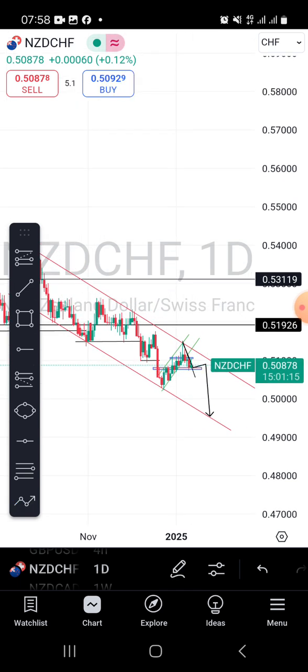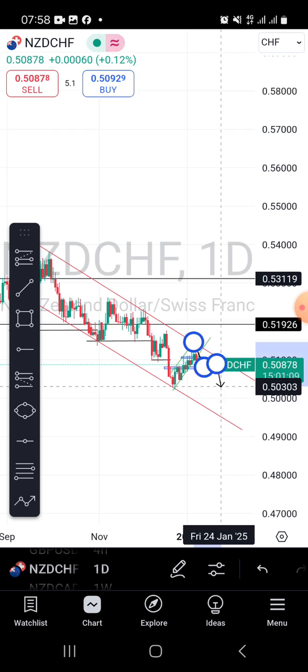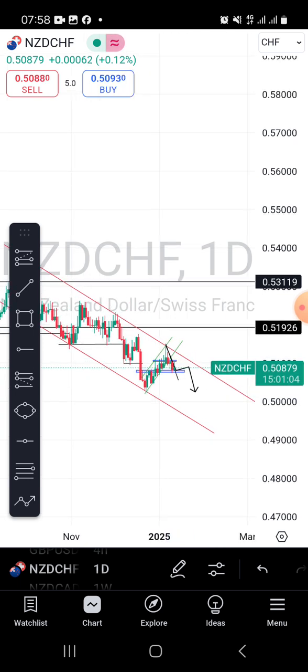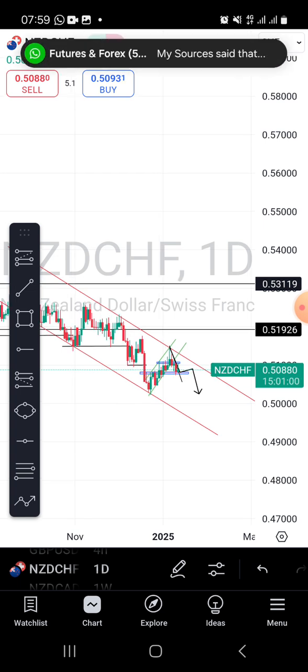That is our expectation for this market, or at least to this last created low here. We still have more opportunity on this market down to this side. Therefore, let me go to the lower time frame of H4.